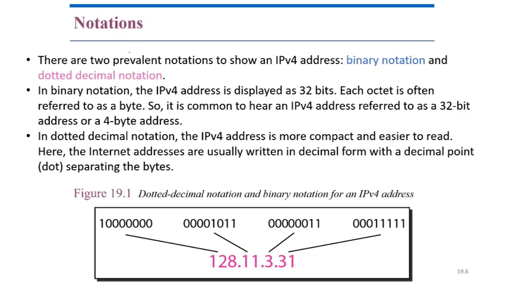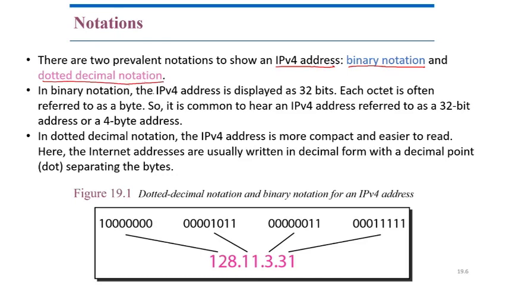So for the notation of IPv4 addresses, two different types are basically used. IPv4 is represented in terms of a binary notation or a dotted decimal notation.